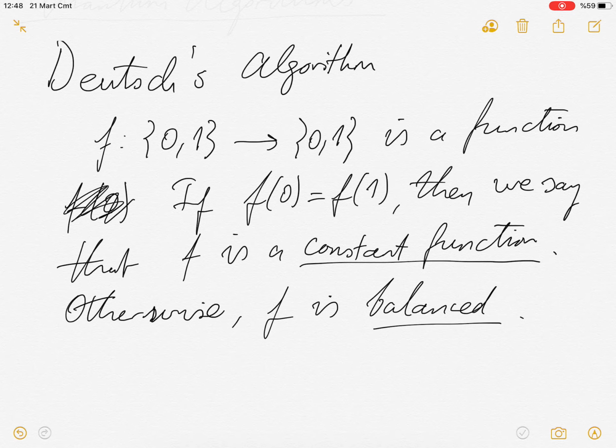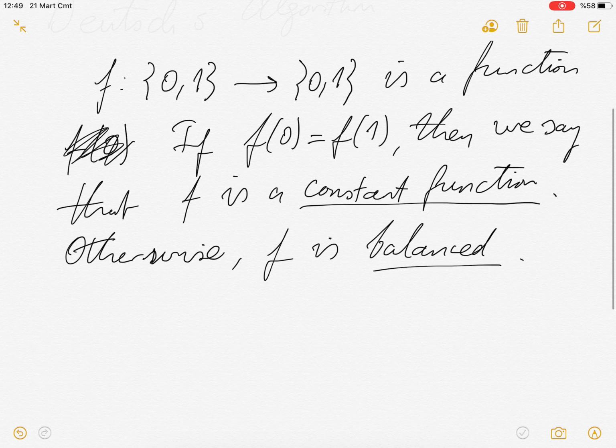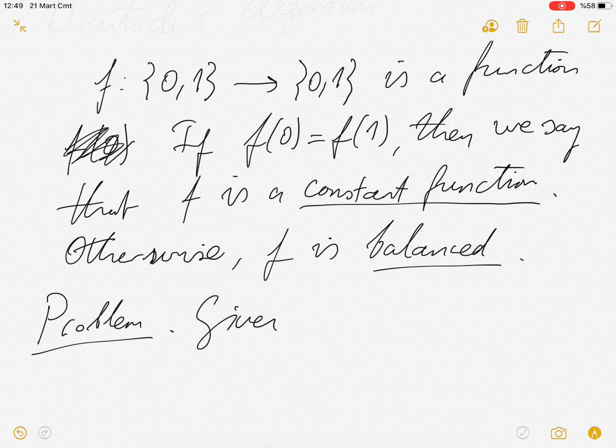All right. Now Deutsch's problem is, given a function f from {0, 1} to {0, 1} as a black box, as an oracle. We can evaluate the function f, but we cannot look inside the function, it's forbidden. So we do not know how the mechanics of the function works.